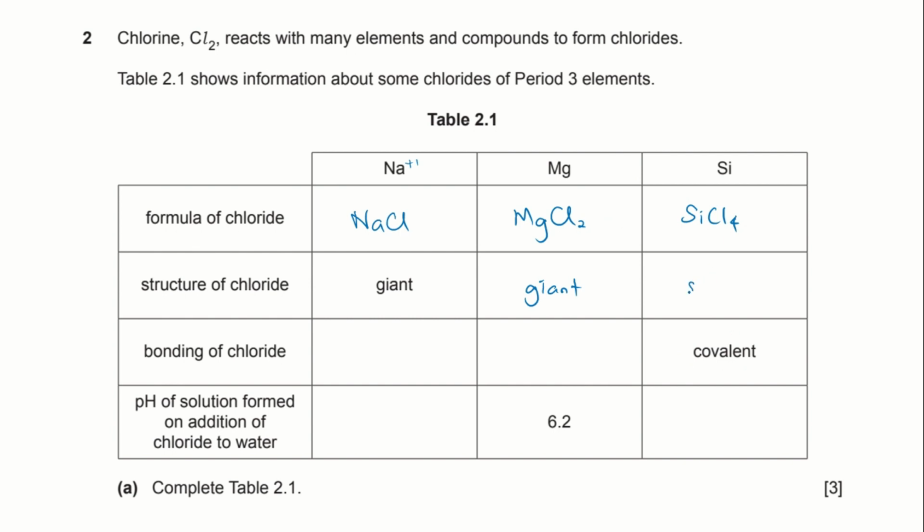So it is a simple covalent compound. Ionic compounds dissolve in solution, no reaction. So pH is 7. Simple covalent compound hydrolyzes in water to give acidic solution. So the pH is acidic.